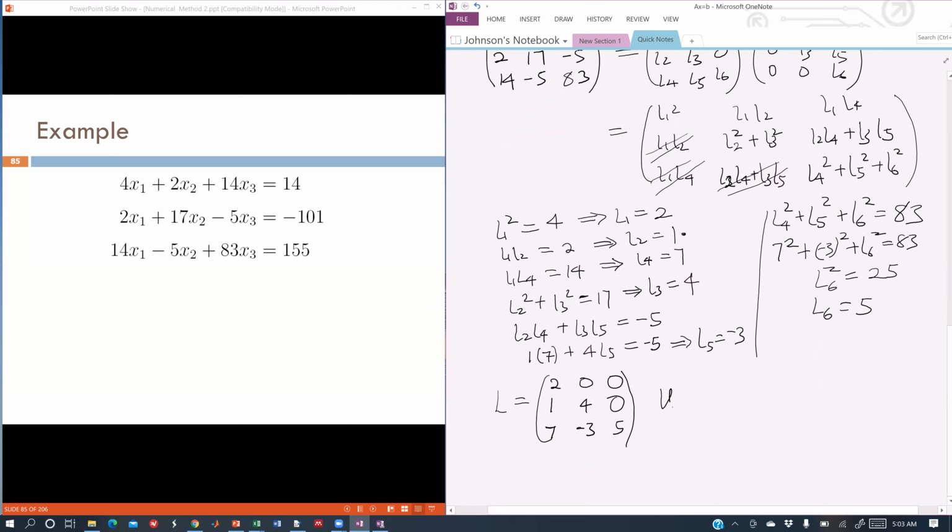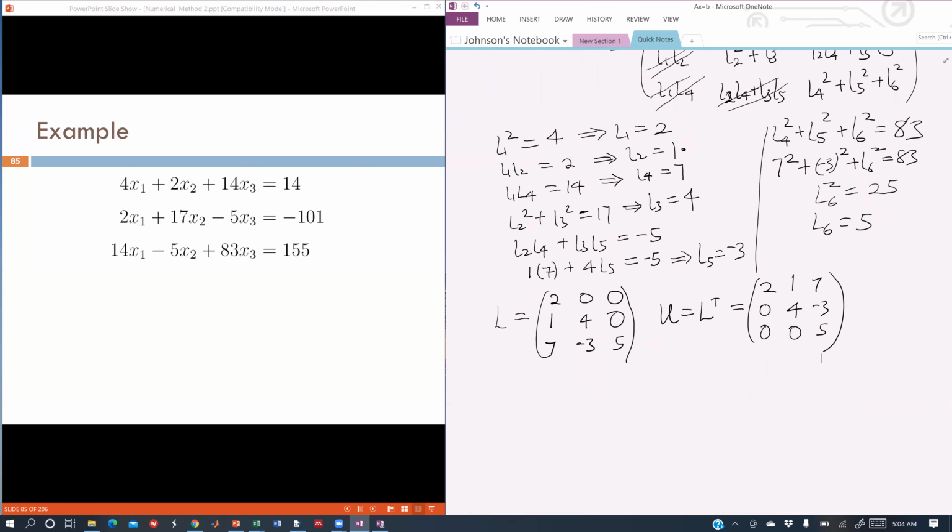And that implies our U, which is L transpose, is going to give us 2, 0, 0, 1, 4, 0, 7, minus 3, 5. And as usual, we are going to use these new matrices, the L and U, or the L transpose, to solve the system on the left side of your screen.